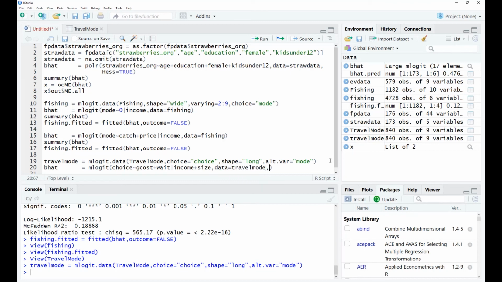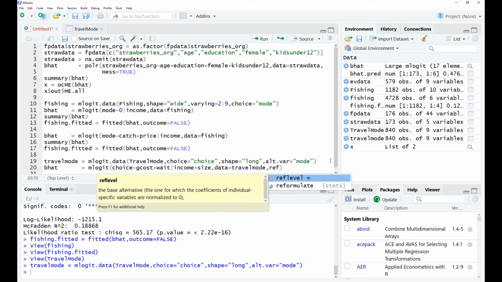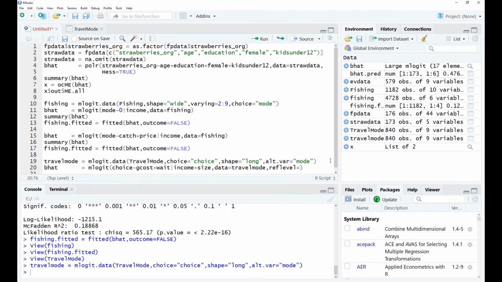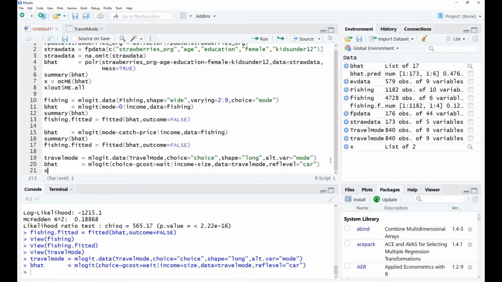And note that we can also define the reference level as the base alternative. That is going to be car. We can say summary b hat.